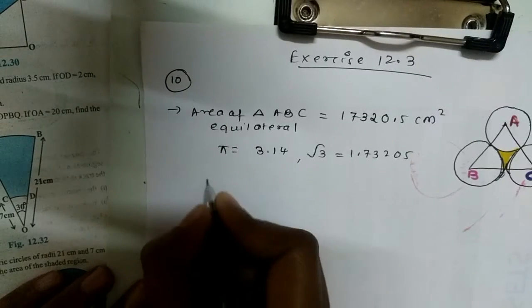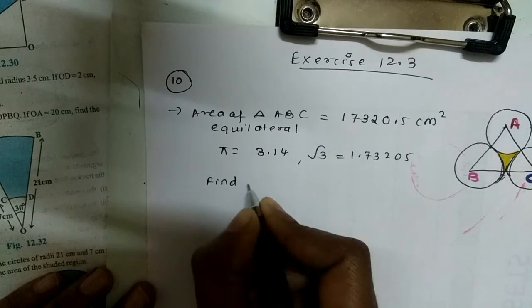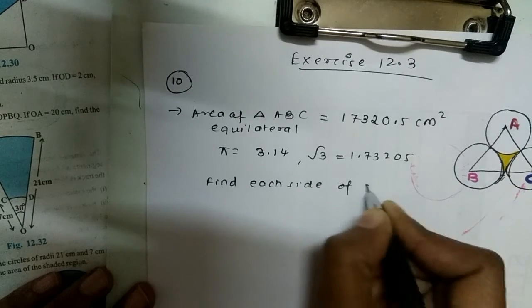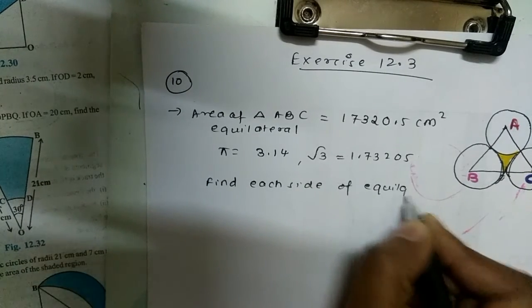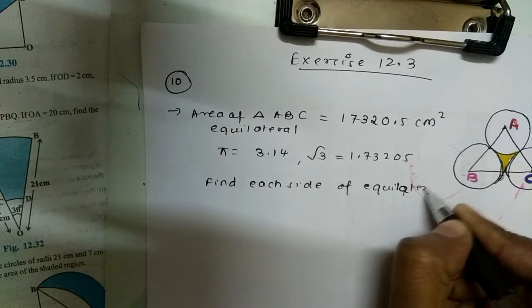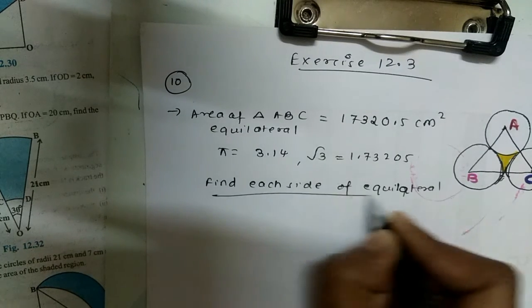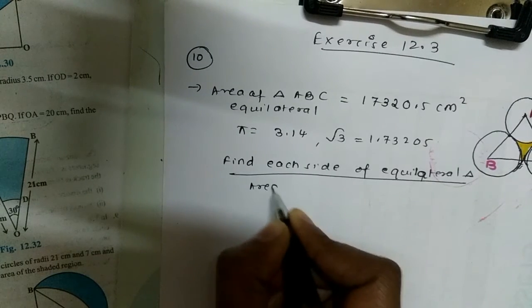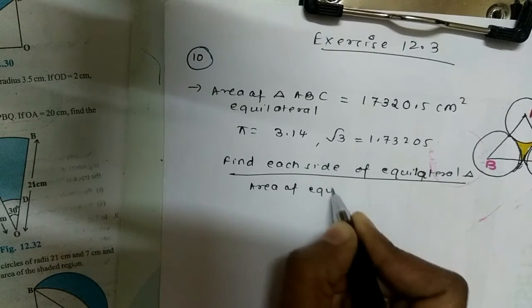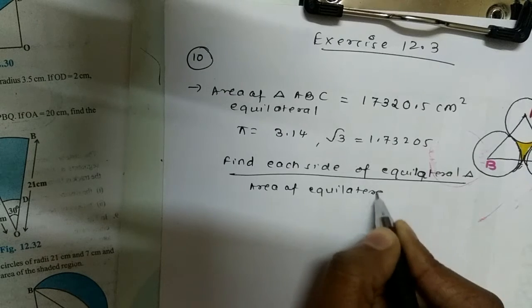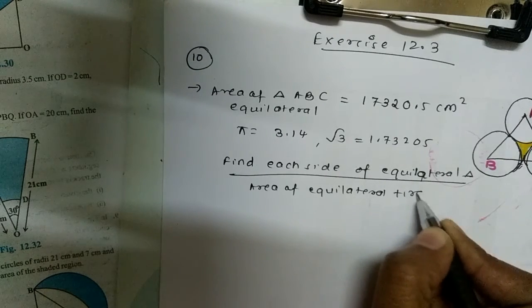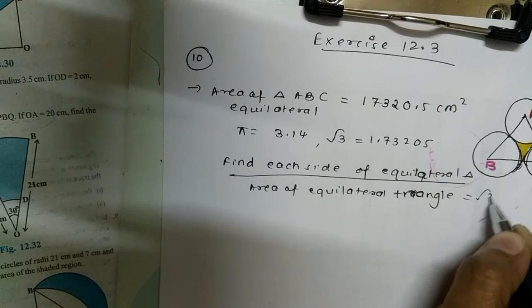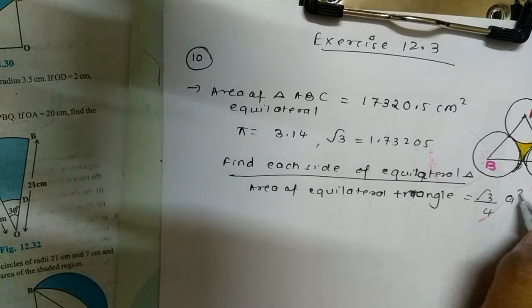So let us first find each side of the equilateral triangle. The formula for the area of an equilateral triangle is root 3 upon 4 a square.